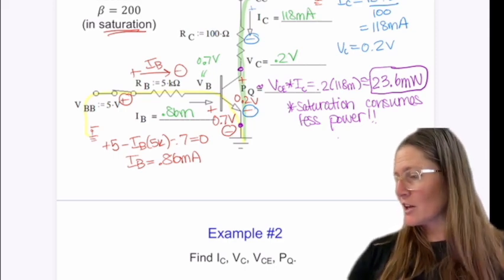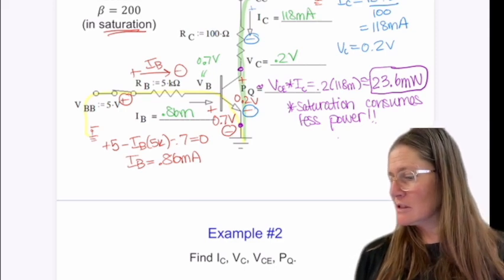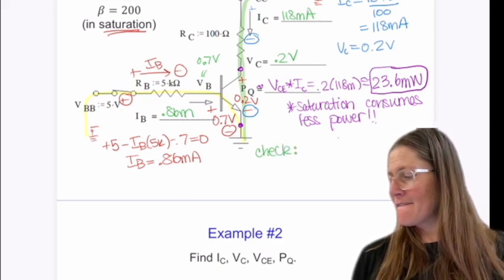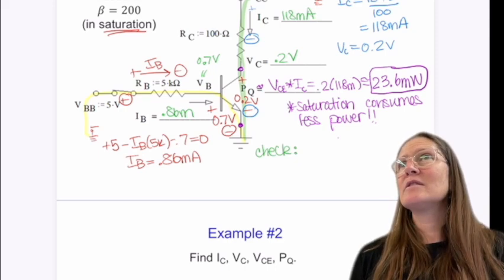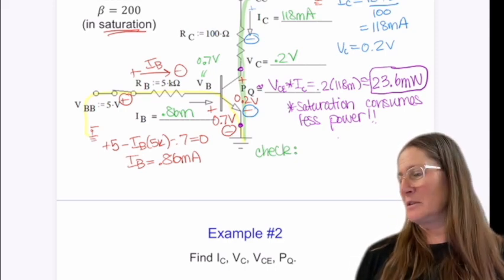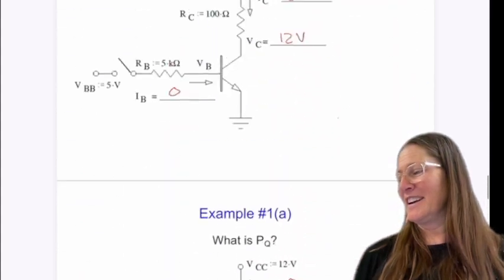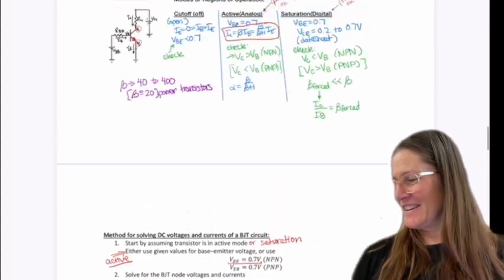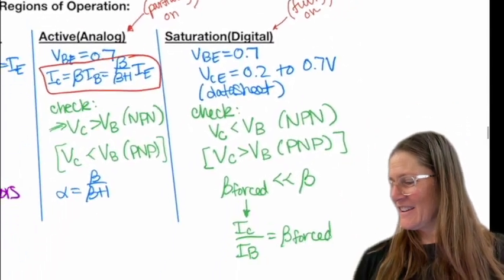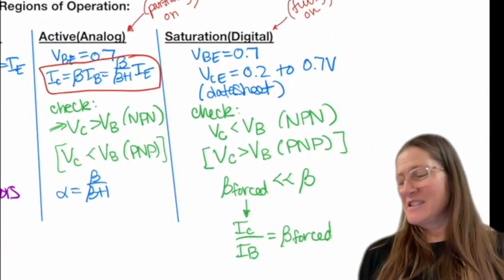So let's just check. What do we need to check here? VC is less than VB.